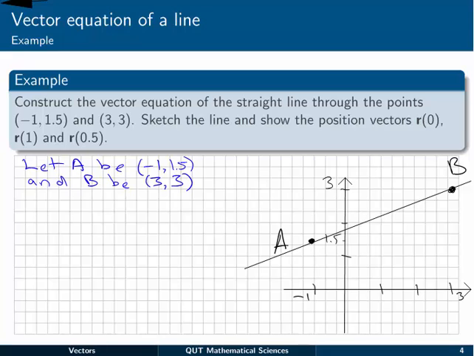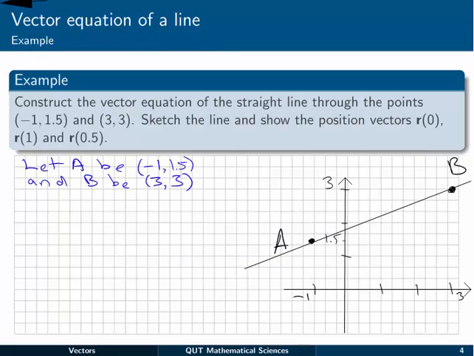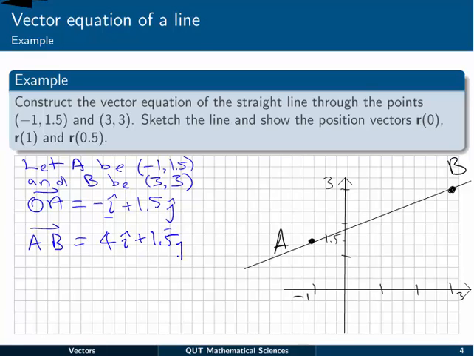To find our equation, we're going to need the OA vector and the AB displacement vector. So I've let A be the first given point and B be the second. So then OA is simply minus i plus 1.5j, and A to B is going to be 3 minus minus 1, or 4i. 3 minus 1.5 gives us plus 1.5j.